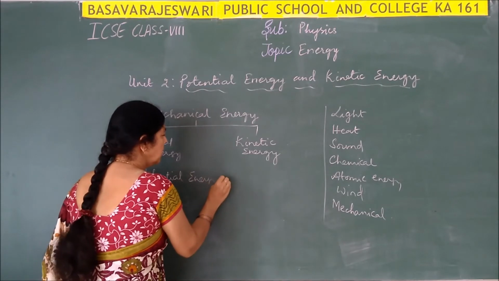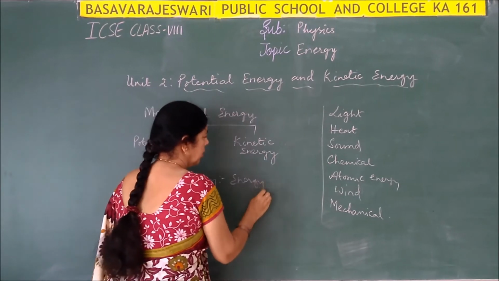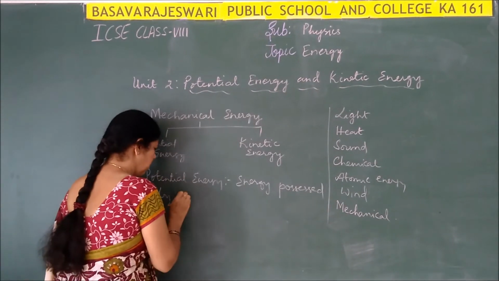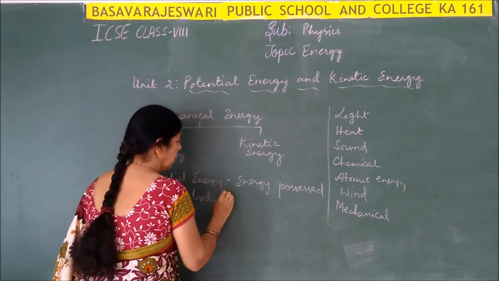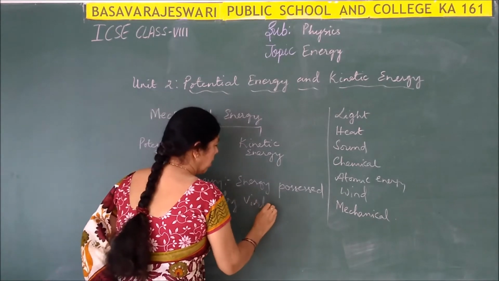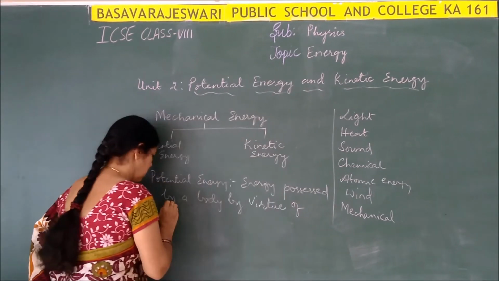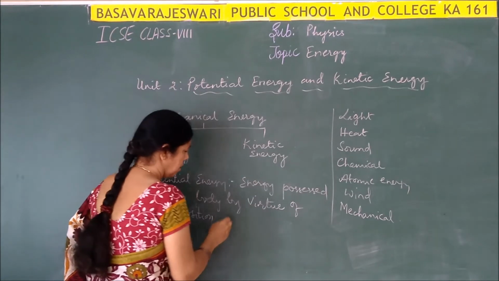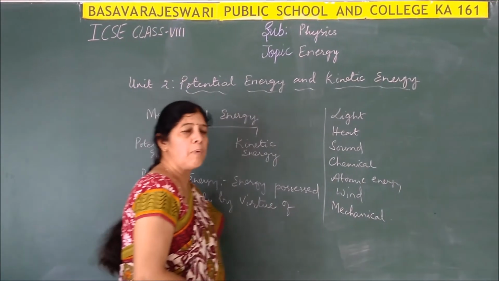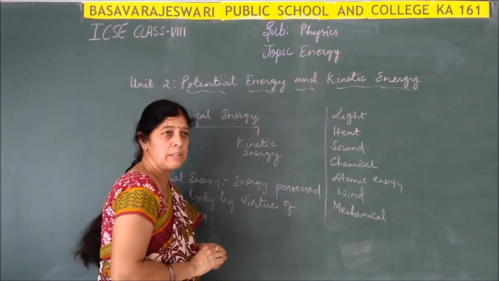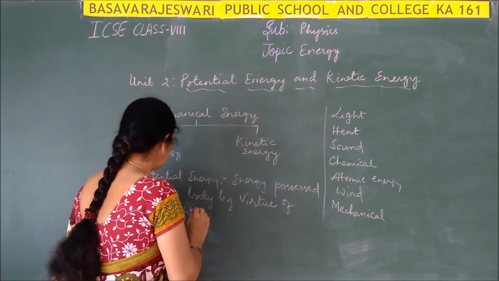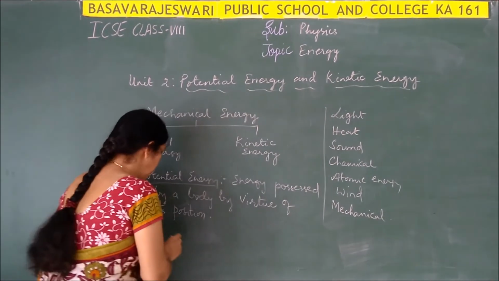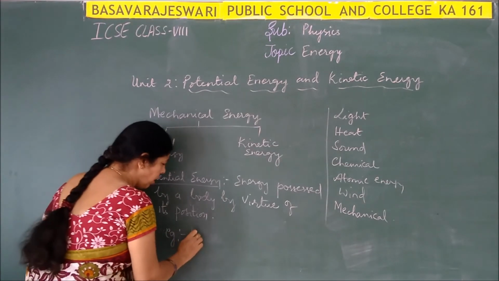Now, what is potential energy? It is the energy possessed by a body by virtue of its position. So, when a body is at rest, then the body will possess some type of energy in it, and that is called potential energy. For example, water stored in a dam.